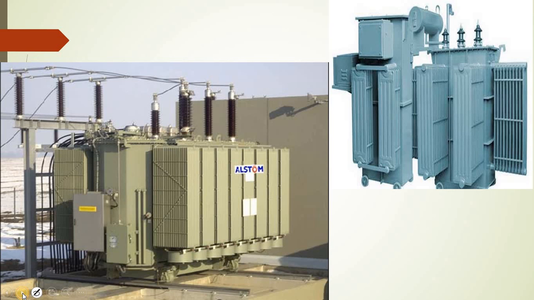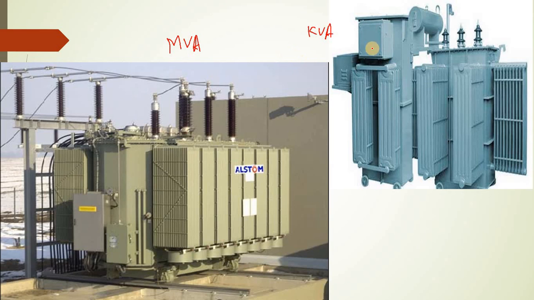Next, you can see here the comparison between the distribution side transformer and the generating station or power transformers. These are very huge capacity transformers with ratings in MVA, while these are having ratings in KVA.